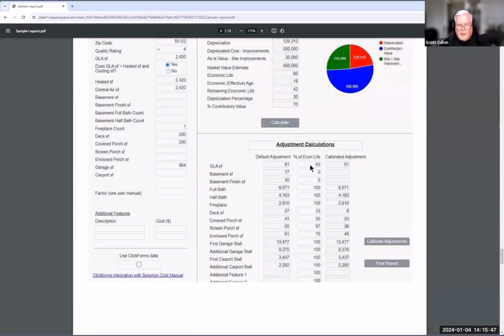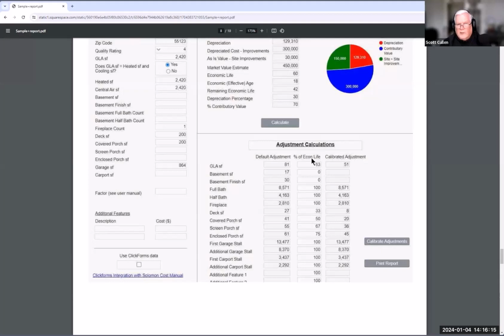It's got paint and carpet that lasts 10 years. It's got HVAC equipment that might last 25 or 30. There's a lot of the house that needs to be replaced during the first 60 years of its life, right? So it's got a lower percentage of 60, and that's a survey result of appraisers. That might not be true in your case, so kind of hold that in your hand loosely.